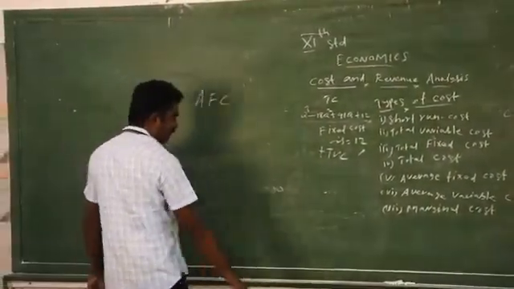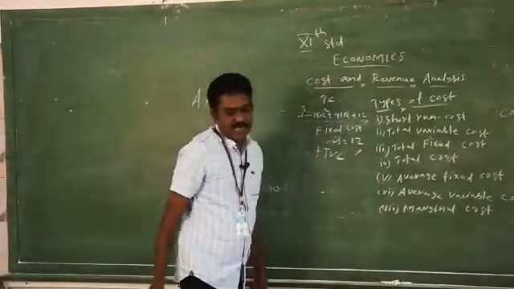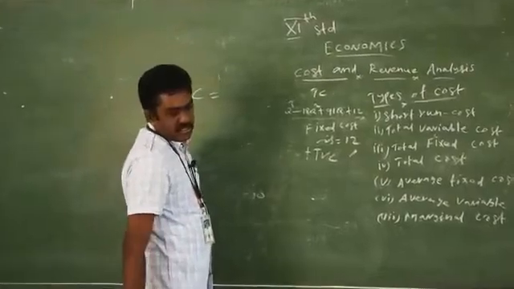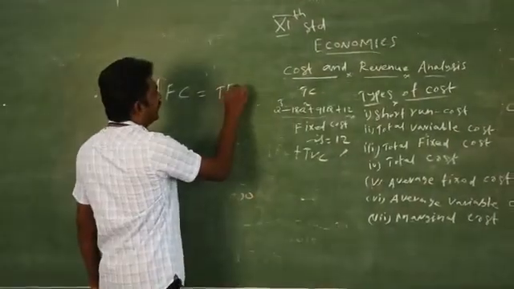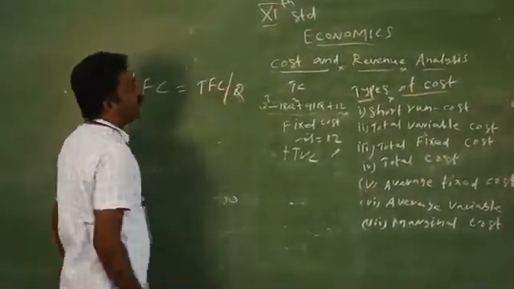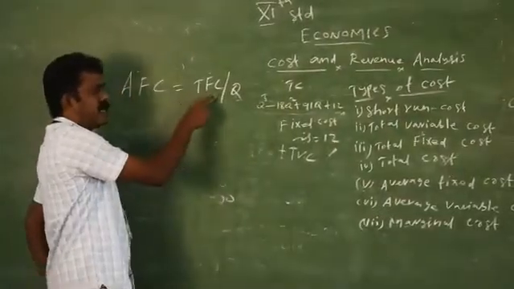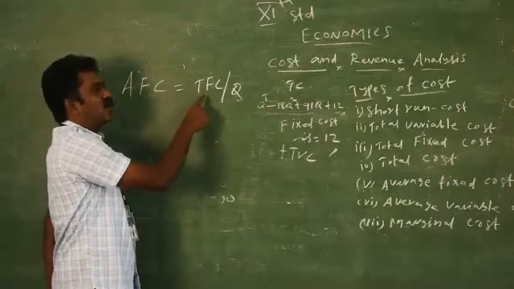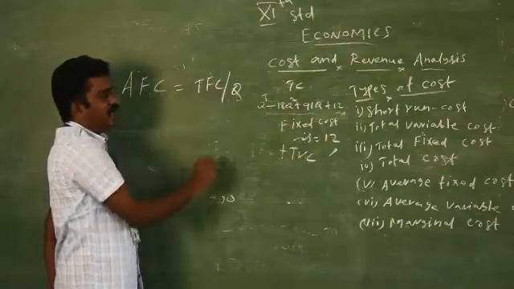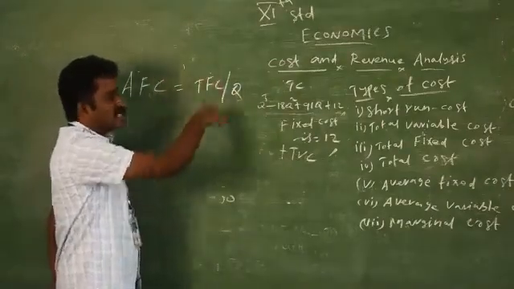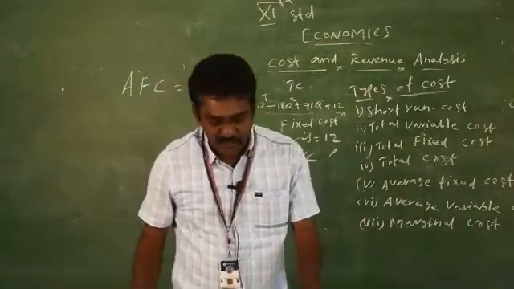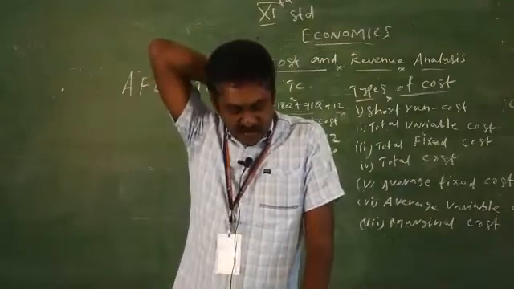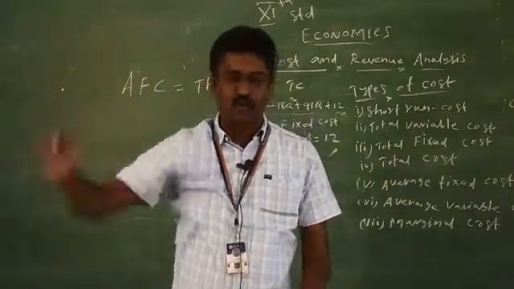AFC. Average fixed cost, how we can calculate: AFC is equal to TFC by Q. How we can find it out: total fixed cost divided by Q. So it is obtained by dividing the total fixed cost by the quantity of output.